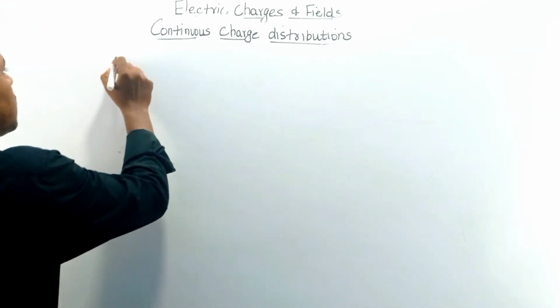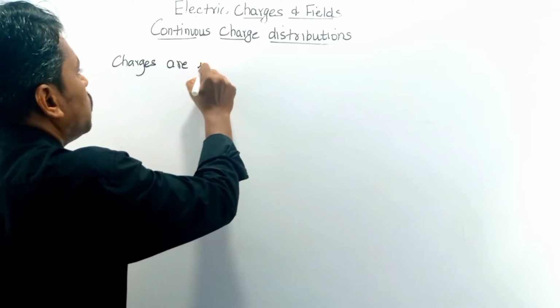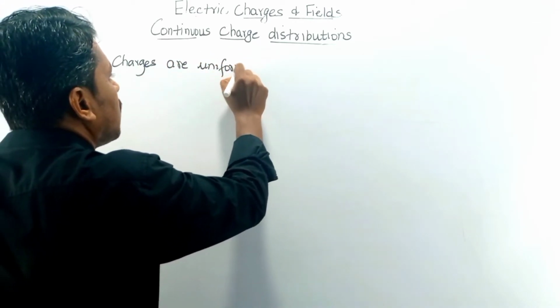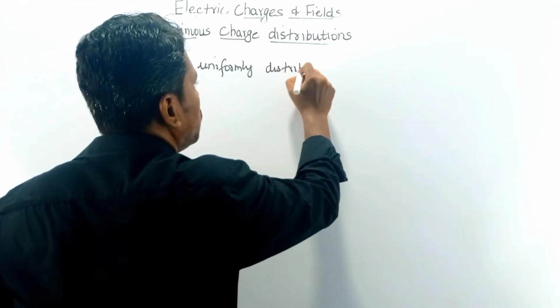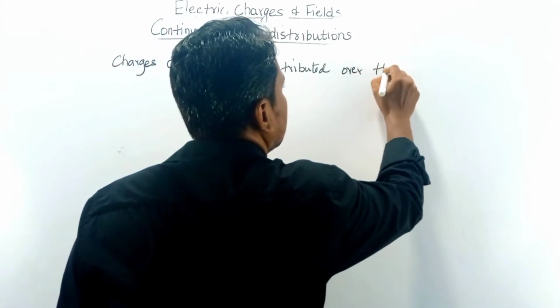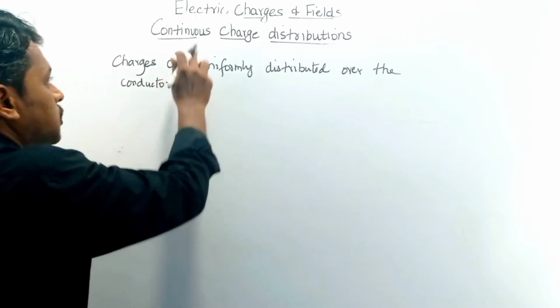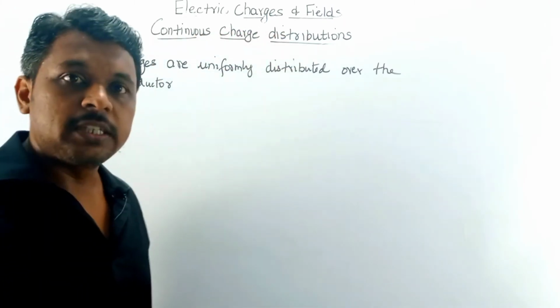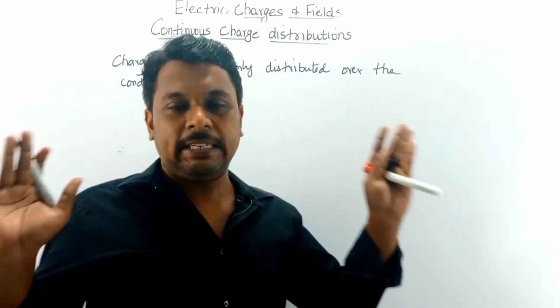In the case of continuous charge distributions, the charges are uniformly distributed over the conductor.